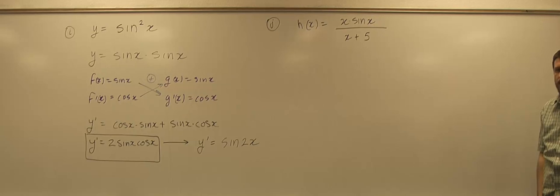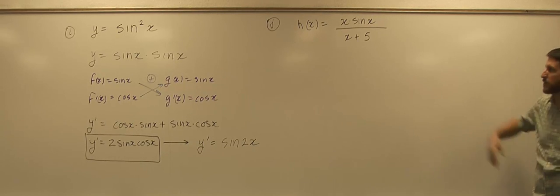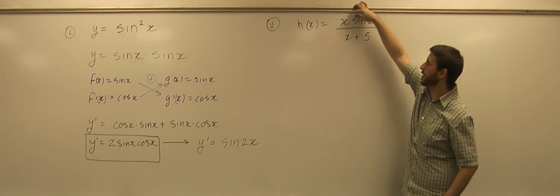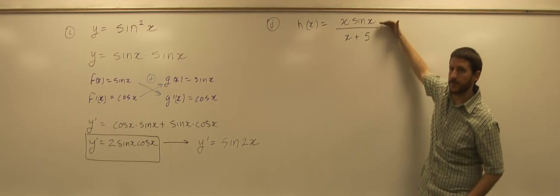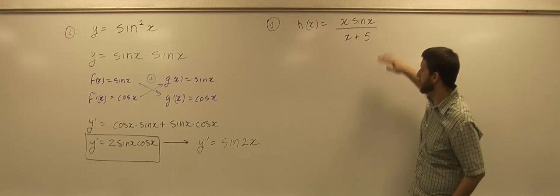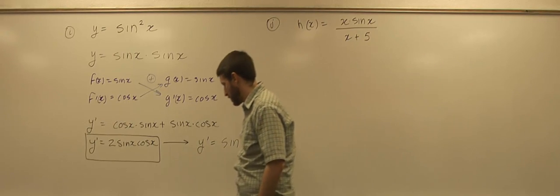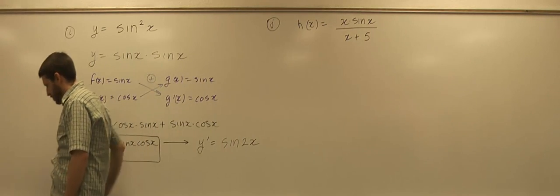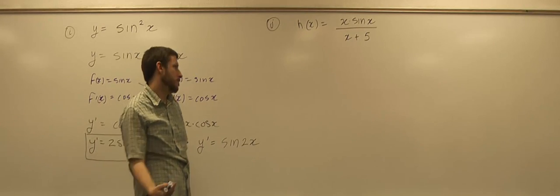So this is going to be a combination, right? Because I have a product on top, and then I also have a quotient. So what do you think we can do? We'll start with the top first.